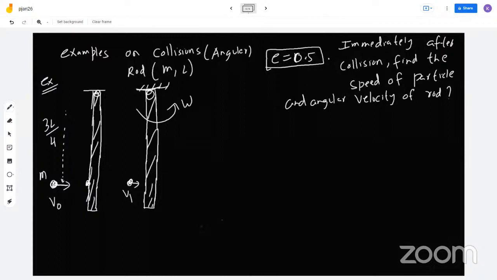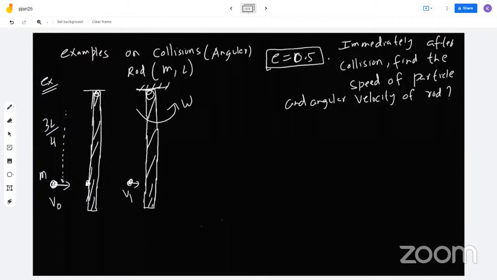Which ones do we want to use immediately after collision? Yes, Arav, Ansh, which are the two concepts you'll use to form two equations?